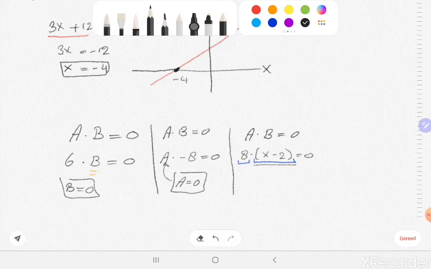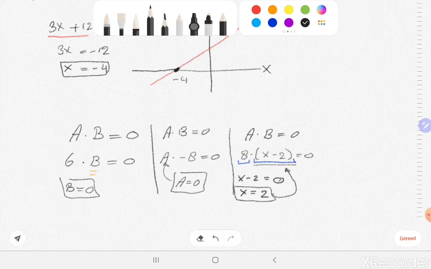If we fill in 2, then we make 0, because 2 minus 2 is 0. So x minus 2 needs to be 0, so x is 2. That's your equation. If I fill in x in my equation, you get 8 times, inside the bracket, 2 minus 2, which is 0, so 8 times 0 is 0.